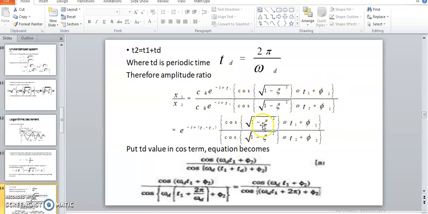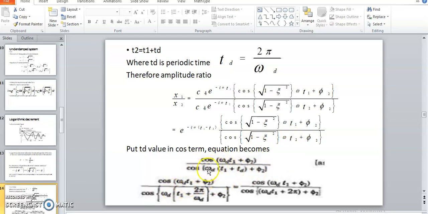Now we simplify this cos term: cos of omega d t1 plus phi, over cos of omega d into t2, where instead of t2 we write t1 plus td, plus phi.